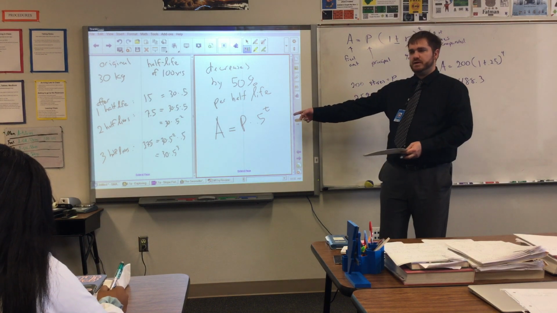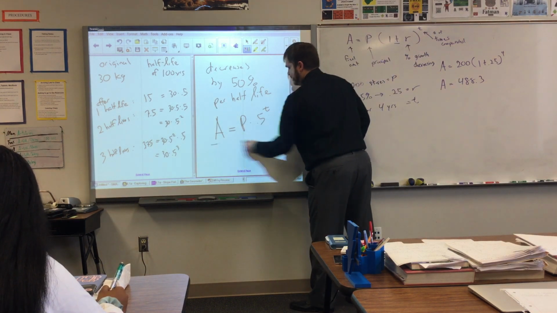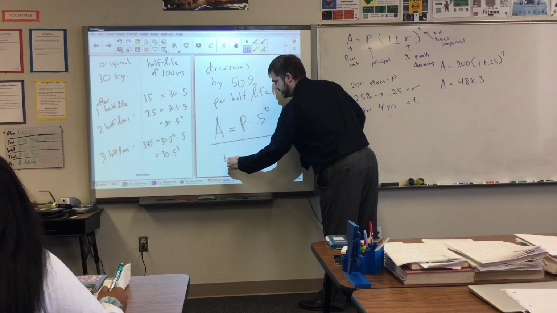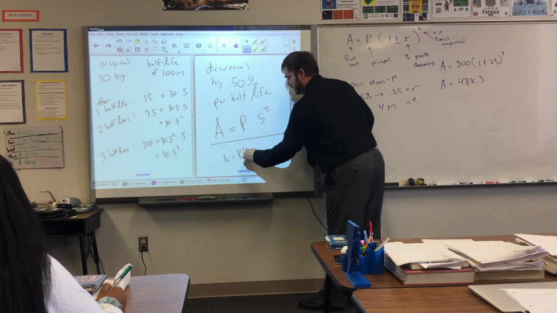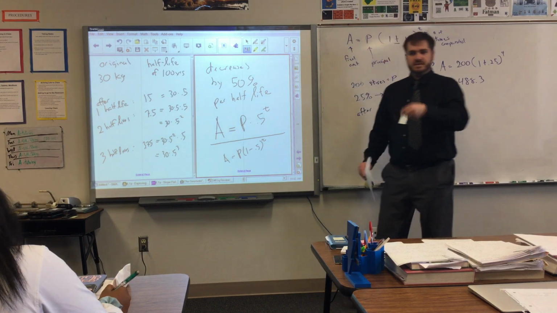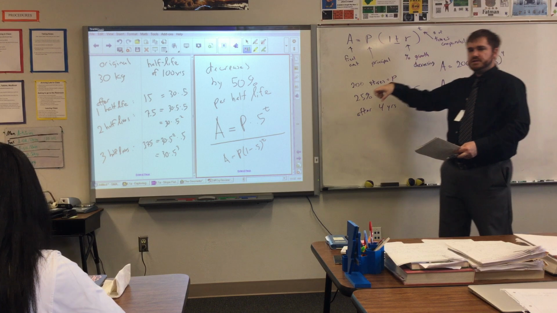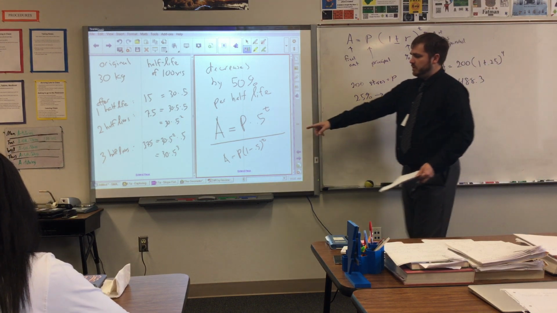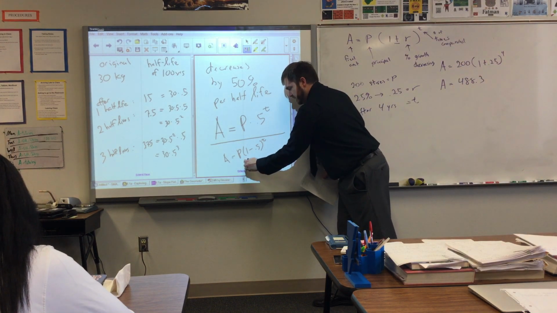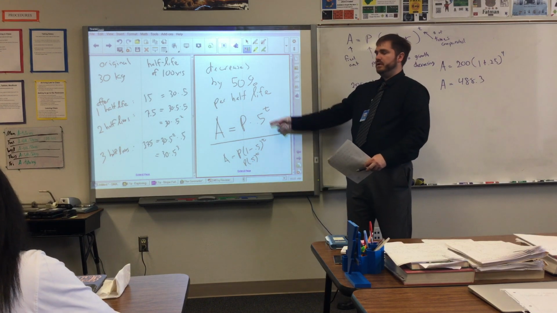This is sort of a shortcut, quick formula version. You might say, isn't this just the same? Can we just rewrite this as the principal times 1 minus 0.5 to the t, because it was decreasing every time, like decaying? And the answer is, yeah, you could, because 1 minus 0.5 is 0.5 to the t, and you're right back there.